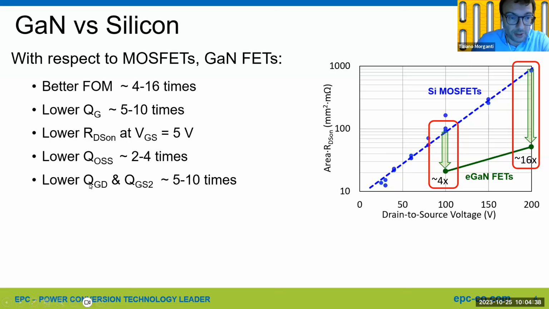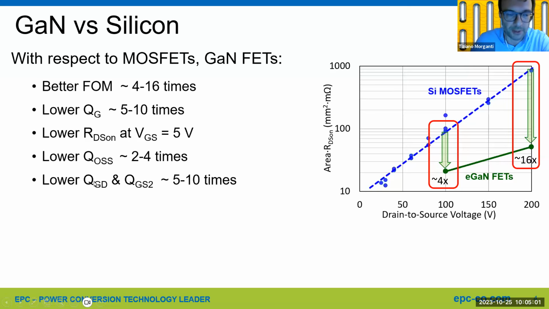We have much smaller switching charges. QGD is the Miller charge, and it drives the dV/dt, so the transition on the voltage. And QGS2 is the threshold to plateau charge, which drives the transition on the current.